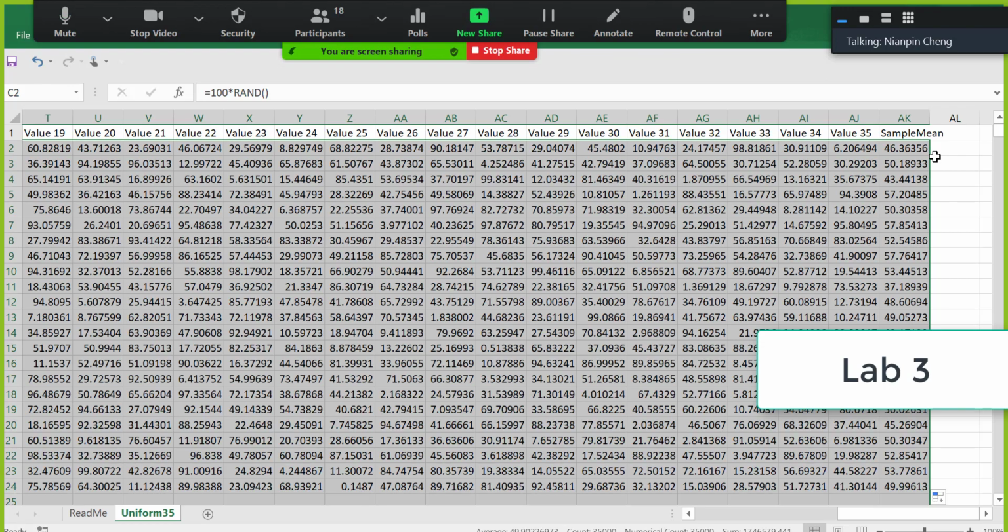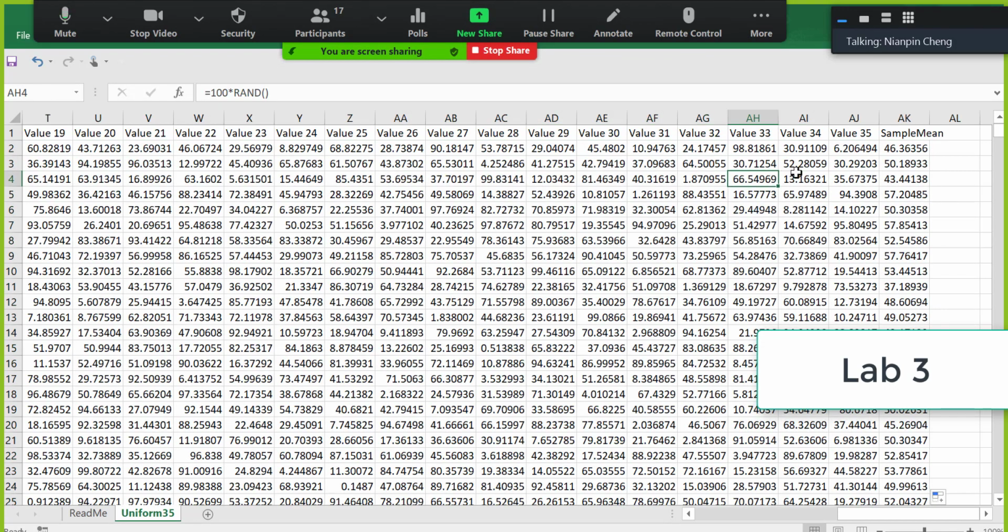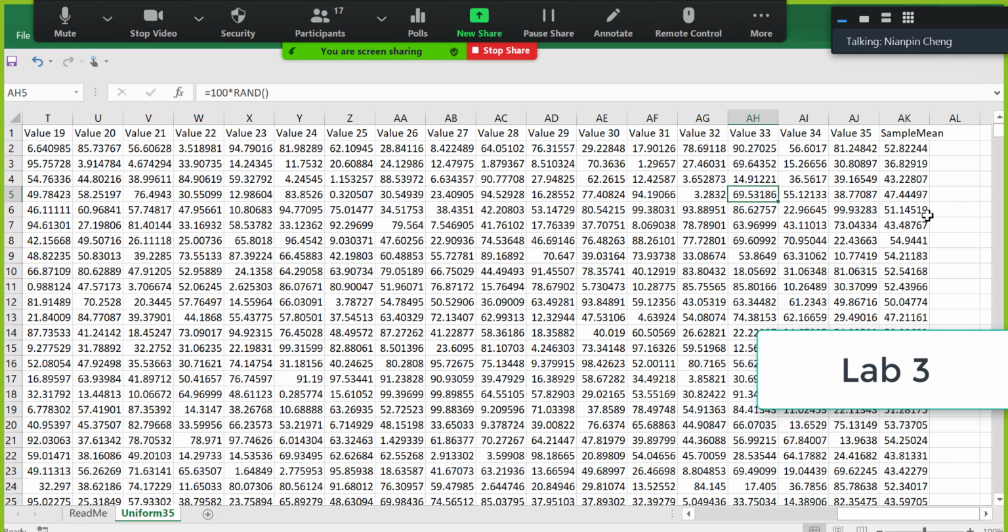Double click, and it copies the formula: 100 multiplied by the random function, so random values, and here is the average. So now for the sample mean, we have 1,000 samples, and each sample has a mean. We have 1,000 means.